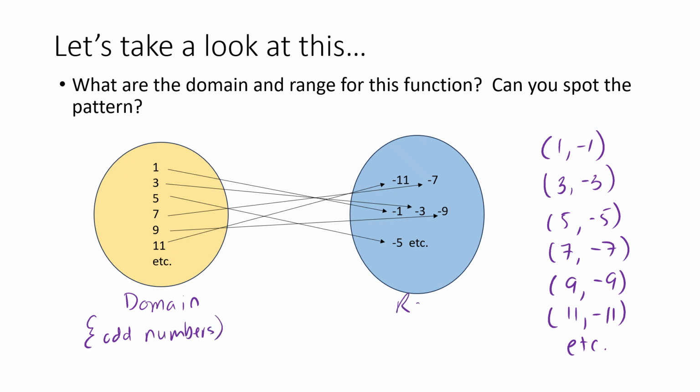And my range over here looks like it's the opposite of the odd numbers. Okay, and so we have the domain and the range, and we're dealing with infinite sets there.